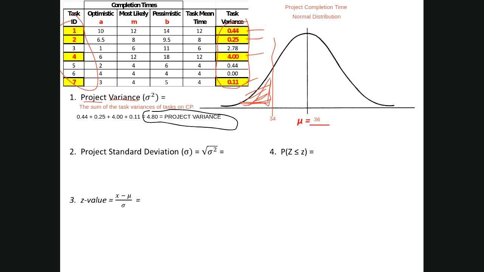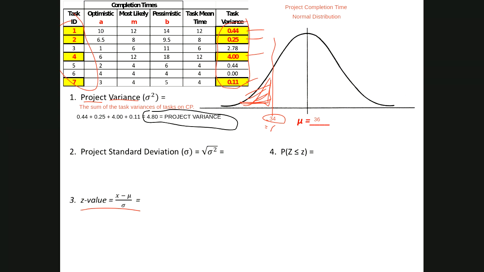The next thing we're going to do is calculate the square root, the standard deviation, because what we're trying to do, hopefully you'll remember, is find the z-value that corresponds to this point 34, where 34 is our x value.